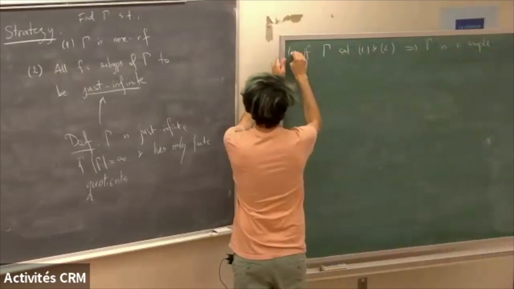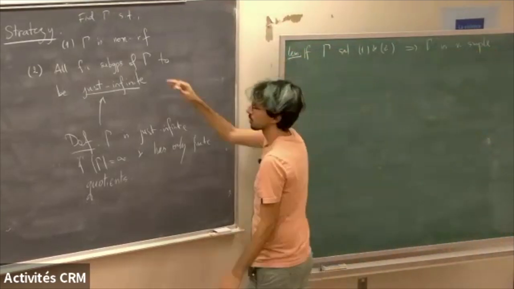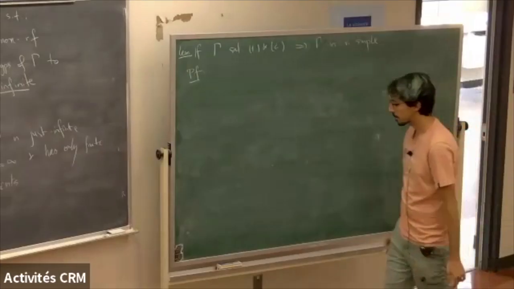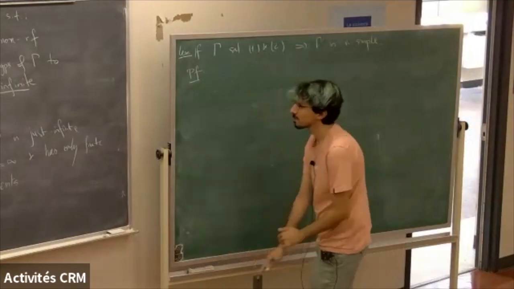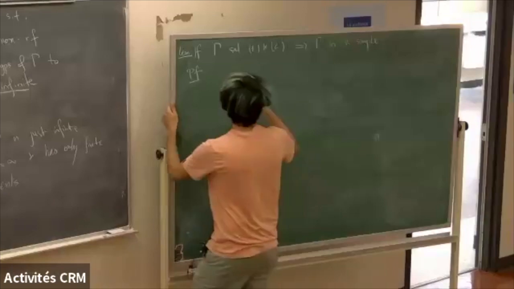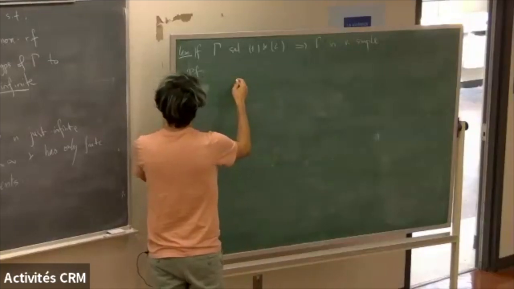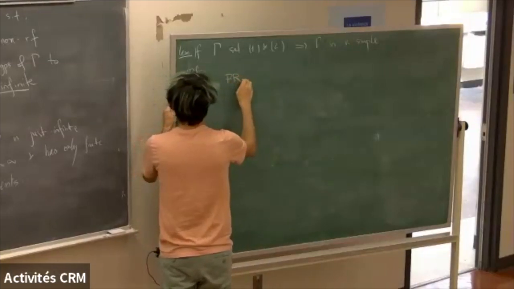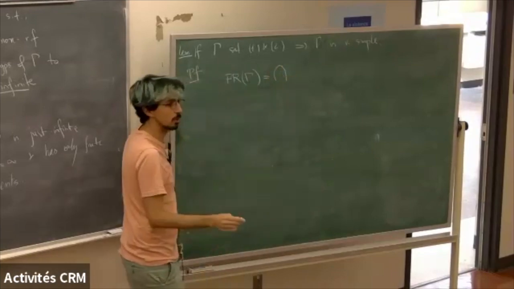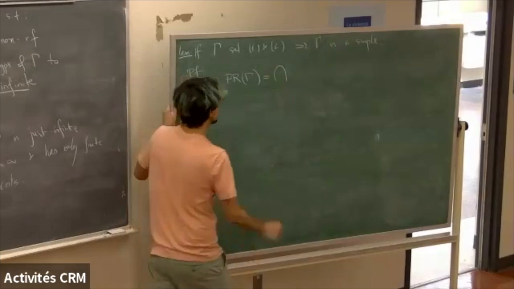So let's maybe prove this so that we see how those two properties are combined into simplicity. What we should do is look at what's called the finite residual of Gamma. This is just the intersection of all finite index subgroups of Gamma.